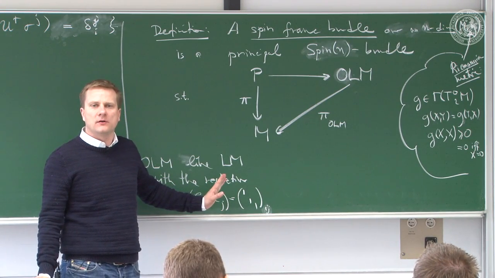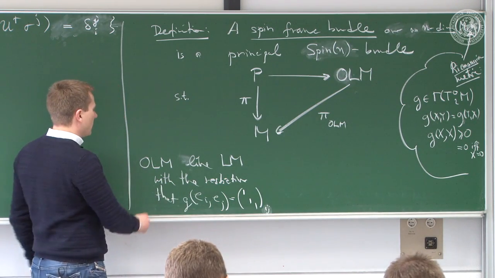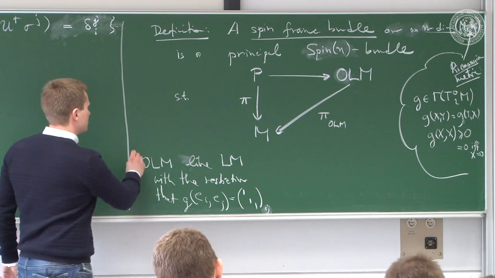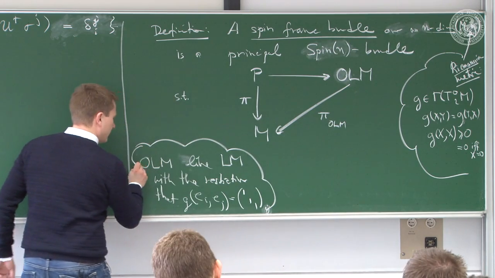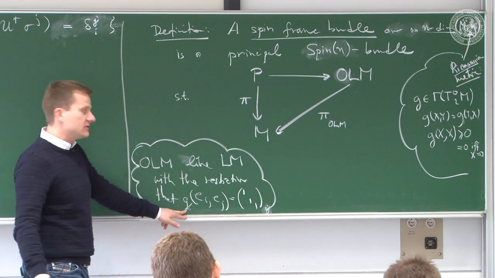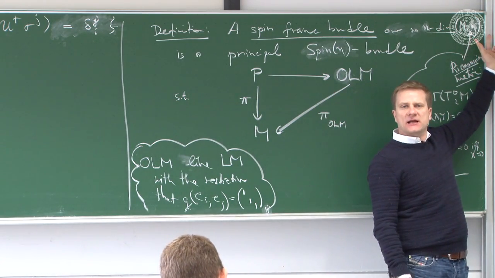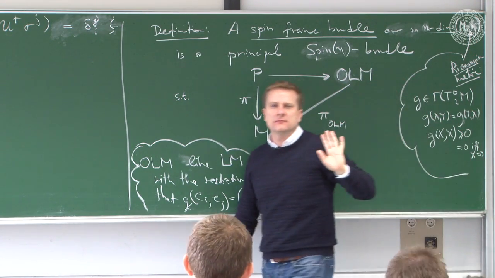They're orthonormal. Okay, and so this is the orthonormal frame bundle. It's like this one, but I restrict to only frames that satisfy this condition. And in order to do so, I need a Riemannian metric. I can't do this on a smooth manifold.